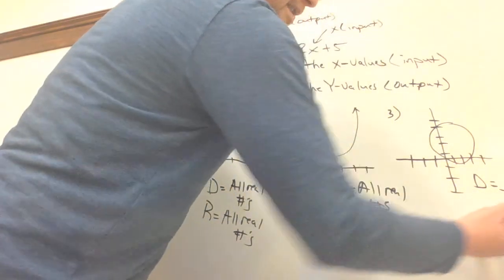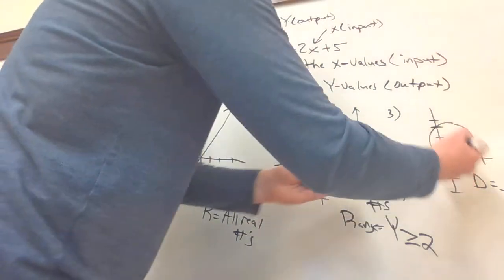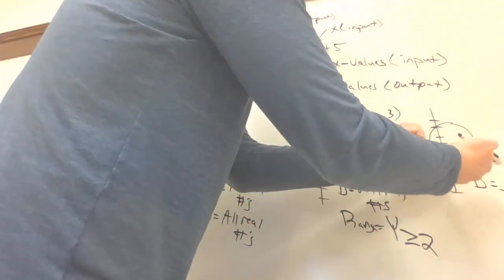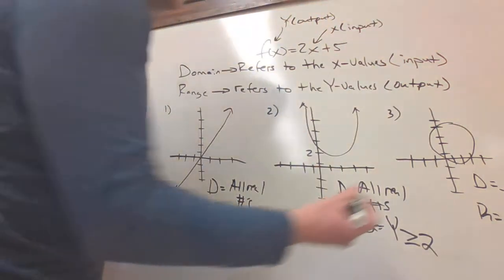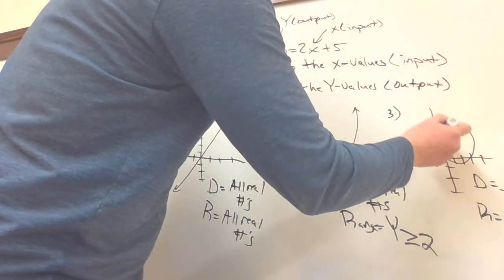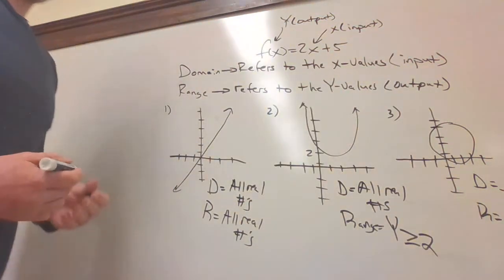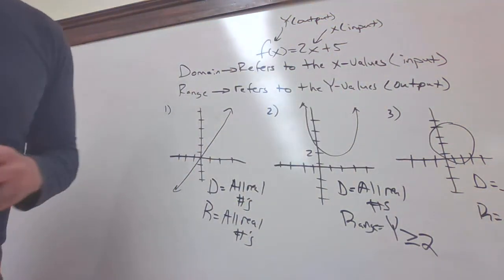That's how you'd express it, because this function only exists between -1 and 4 as far right. And your range is going to exist as low as y greater than or equal to -1, and it goes up as high as 5, so y is less than or equal to 5. That is how you express domain and range with functions like this.